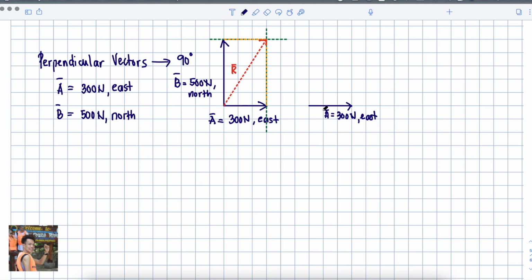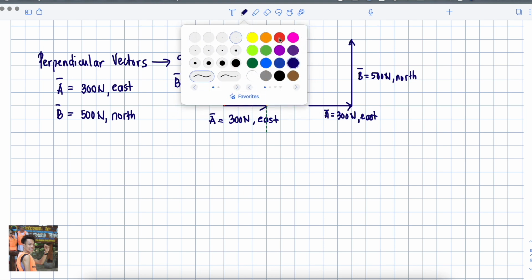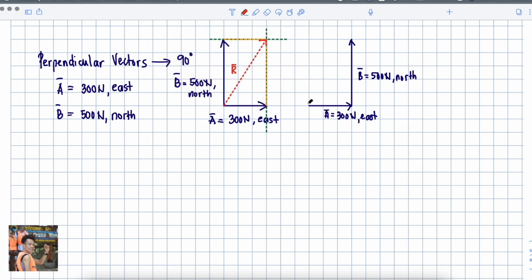This time, using the tip-to-tail method, the tip of the first vector is connected to the tail of the second vector. Now, we draw the resultant vector. The resultant vector is the arrow starting from the origin, or the tail of the first vector, and extends up to the tip of the second vector.